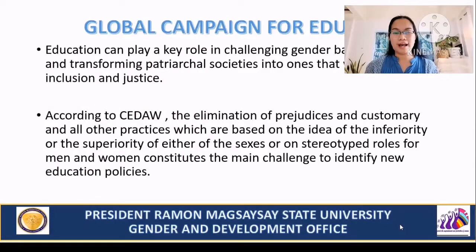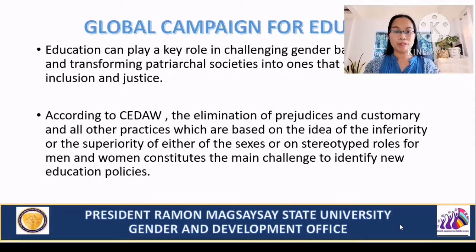Why do we have this gender fair education training? We have this global campaign for education wherein education can play a key role in challenging gender-based violence and also in transforming patriarchal societies into ones that value equity, inclusion, and justice. Education will play a major role in eliminating gender bias by eliminating gender stereotypes.